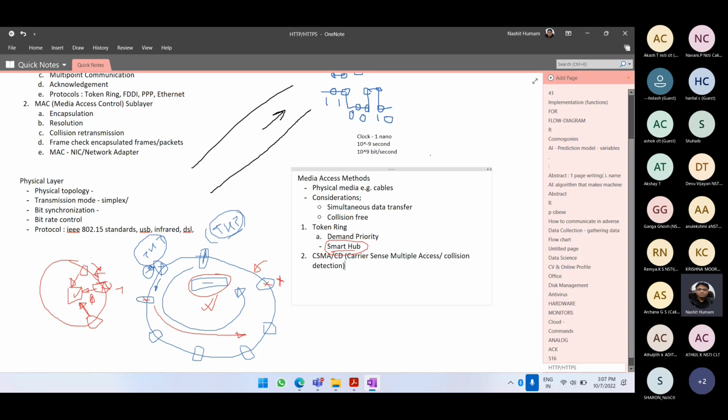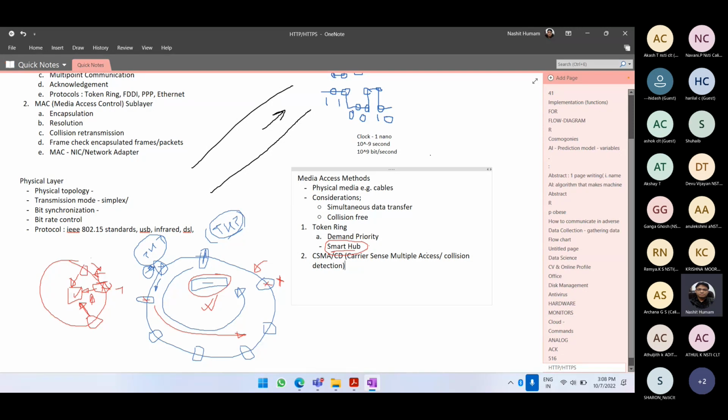Now, what happens in the CSMA technology is, suppose multiple devices are connected. Whenever one of the devices needs to send some data over the network, it will send a sense signal or a carrier signal.